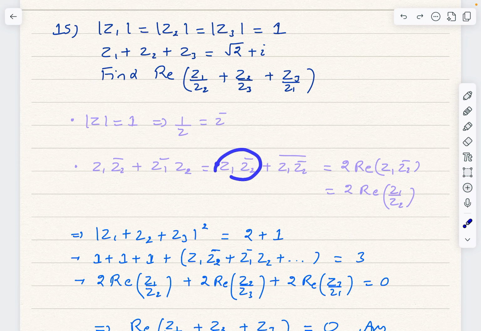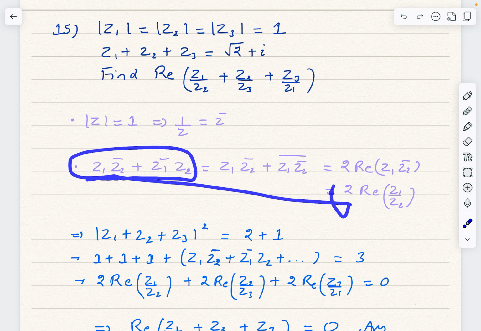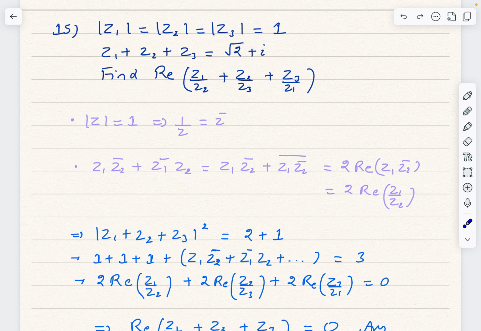So now a complex number plus its conjugate, if you remember, z plus z bar gives you 2 times the real part of that. So we get 2 times real of z1 z2 bar, and z2 bar we can write as 1 by z2 also, using this thing. So z1 z2 bar plus z1 bar z2 we can write as 2 times real of z1 by z2. Okay, this will be helpful now in solving problems.